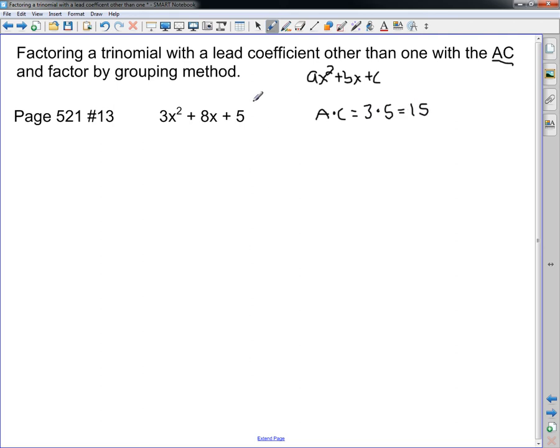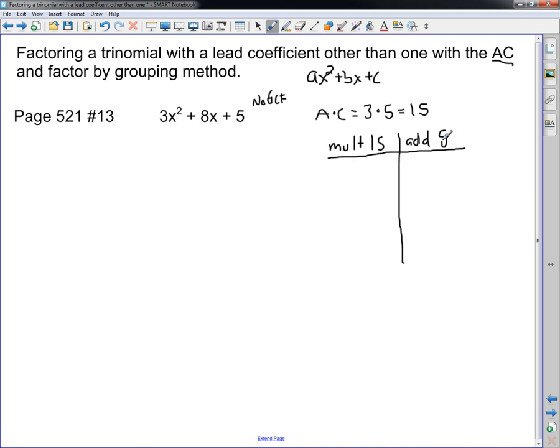Again, I skipped the step of finding the GCF, but we've already checked it on the previous problem, but we probably should write it just to make sure we remember we checked. Okay. So now 15. So again, I'm going through the process and I want to find what two numbers multiply to give me 15 and add to give me this middle term of 8.